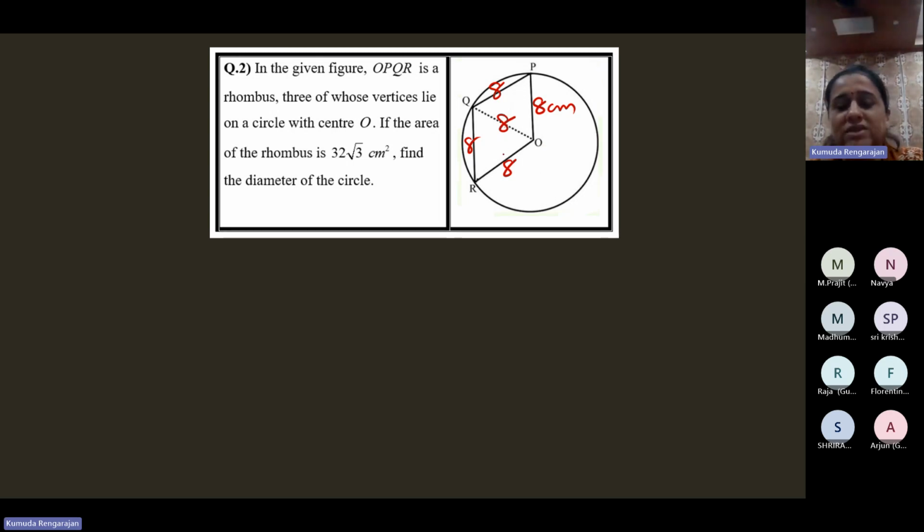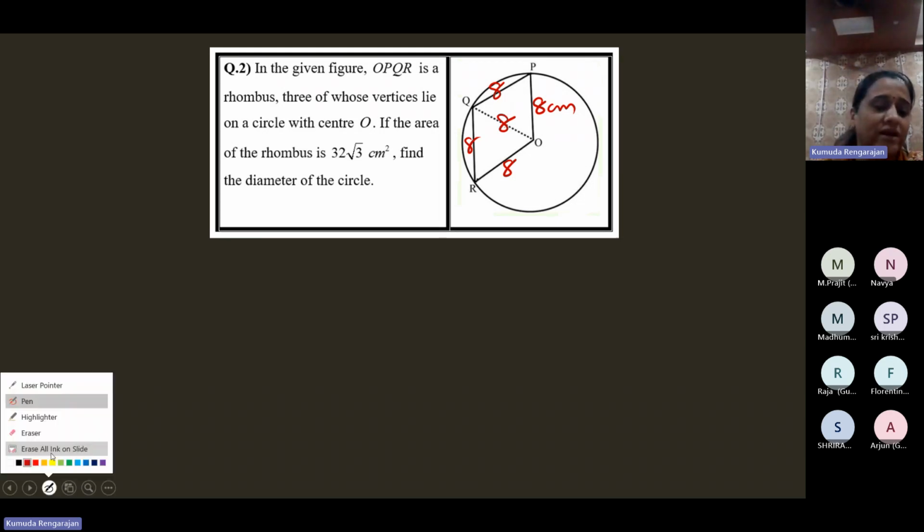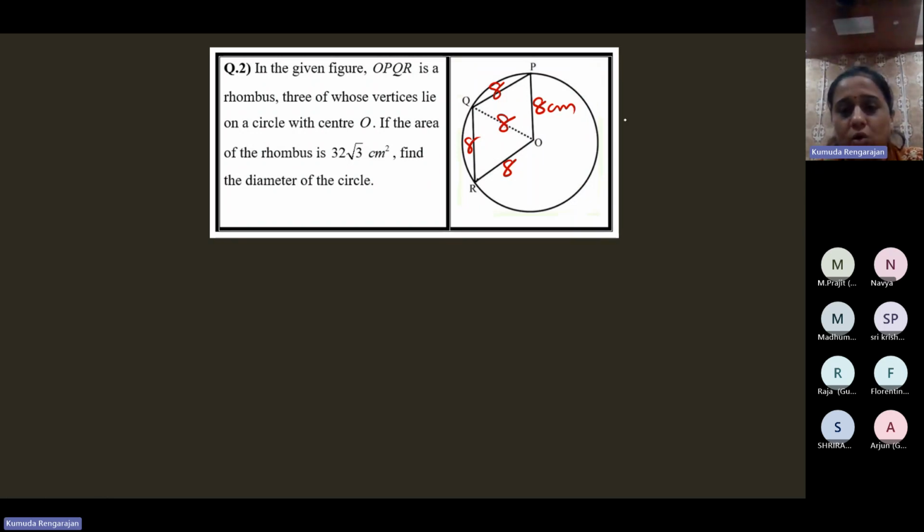So from this we understand that this particular rhombus is made up of two equilateral triangles. To find the area of this rhombus PQRO, we can use the formula 2 into root 3 by 4 into side square, because one equilateral triangle is root 3 by 4 into side square, two triangles, so into 2.